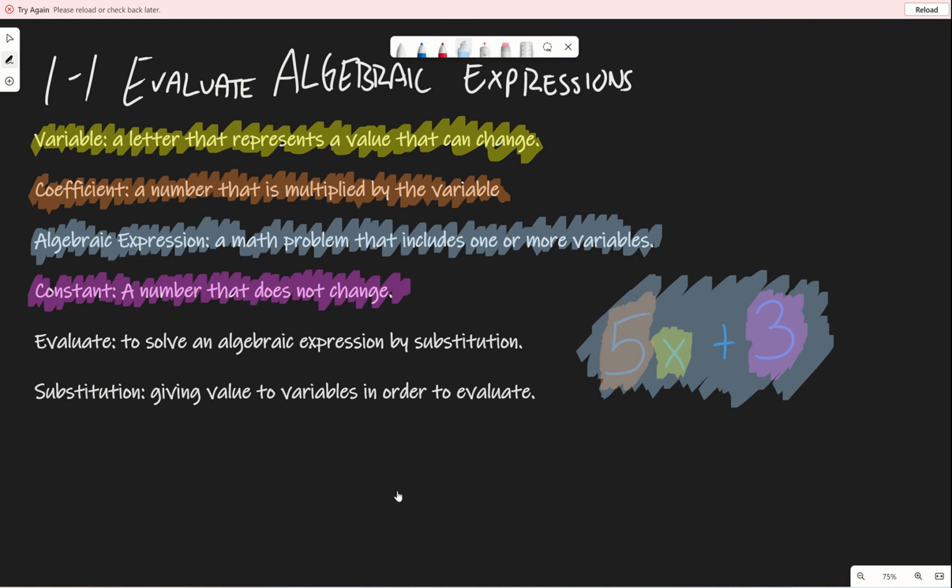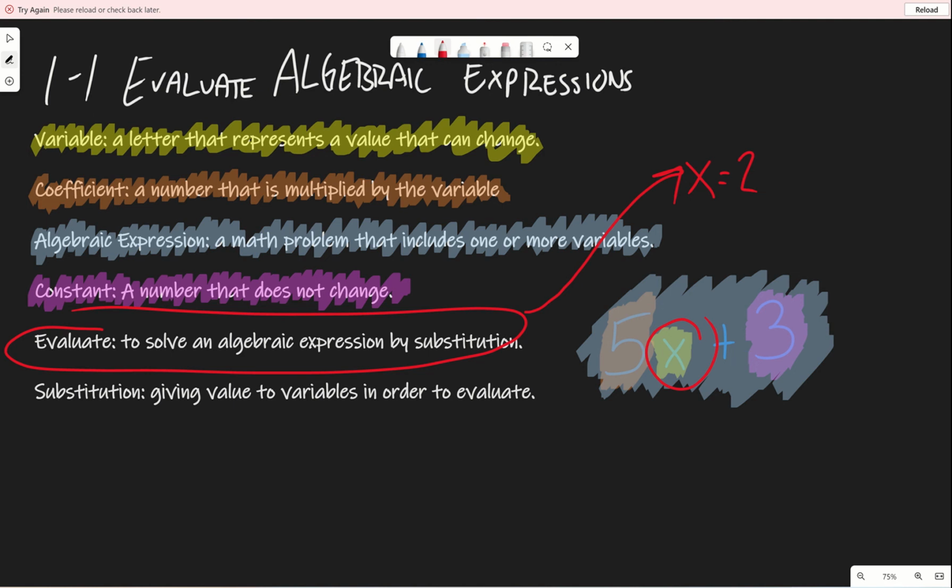Now, in order to evaluate this expression, we need to give value to x. So if I were to say, just in our minds, let's say x equals 2. To evaluate when x equals 2, anytime we see x, we're going to make it equal to 2.